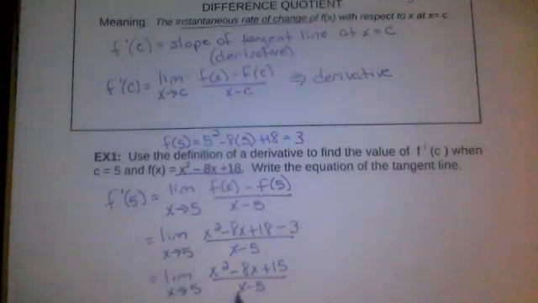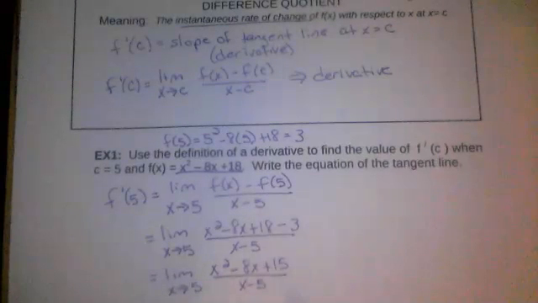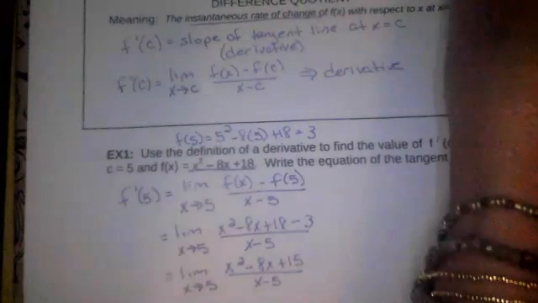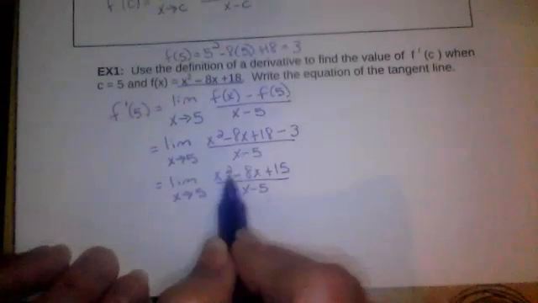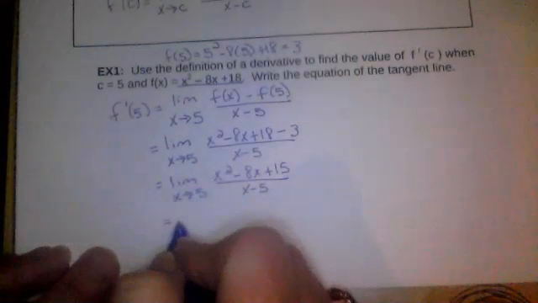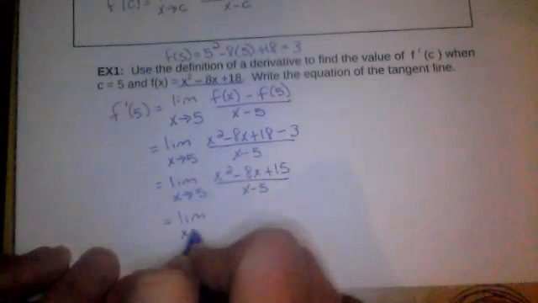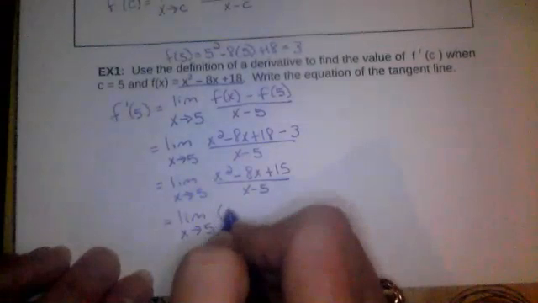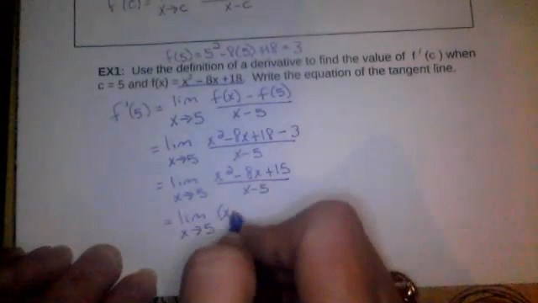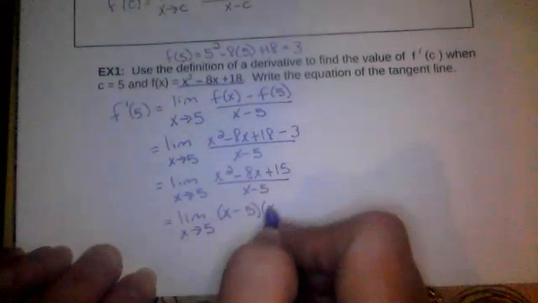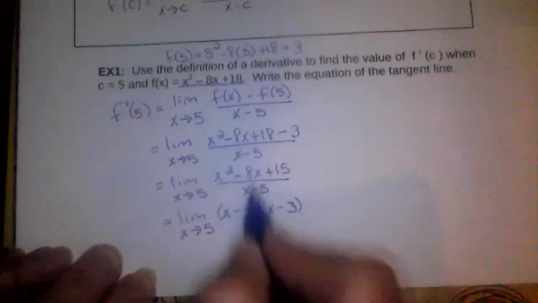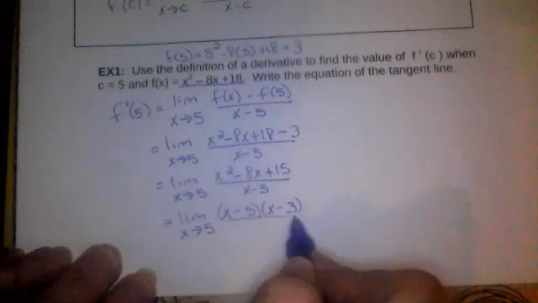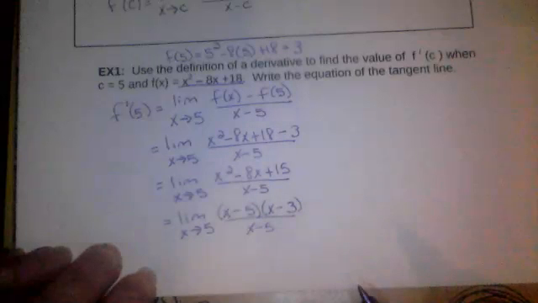Okay, so we can't direct sub in 5. This is where our limit information comes in. So what we want to do now is factor so that maybe we can calculate this limit. So we have the limit as x approaches 5 of x minus 5 times x minus 3, since the two numbers multiplying to 15 and adding to 8 both have to be negative, over x minus 5.